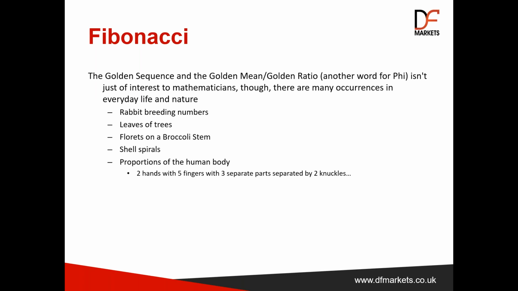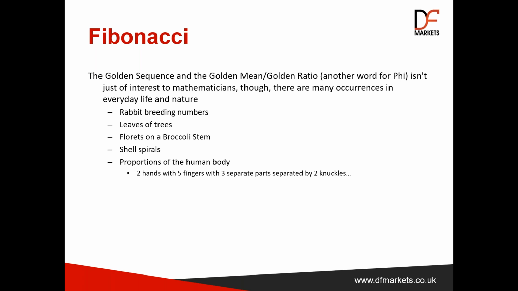Now, this golden mean, golden ratio isn't just of interest to mathematicians. It's also got some amazing occurrences in nature. If you look at rabbit breeding numbers, leaves on a tree, florets on a broccoli stem, one of the common images is the spiral shell, which has some rather marvelous Fibonacci-like proportions, and proportions of the human body.